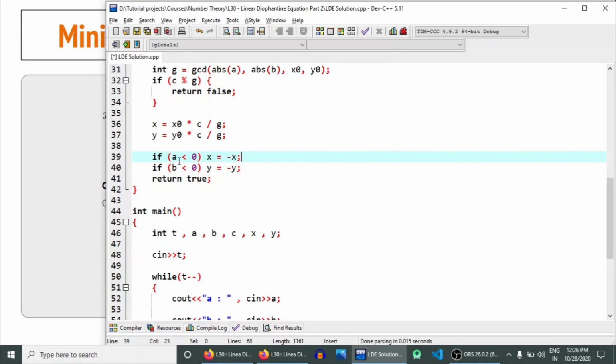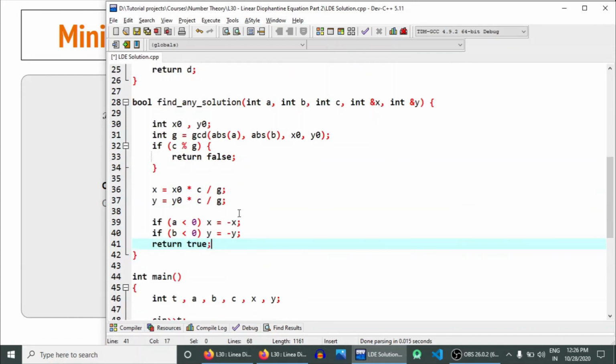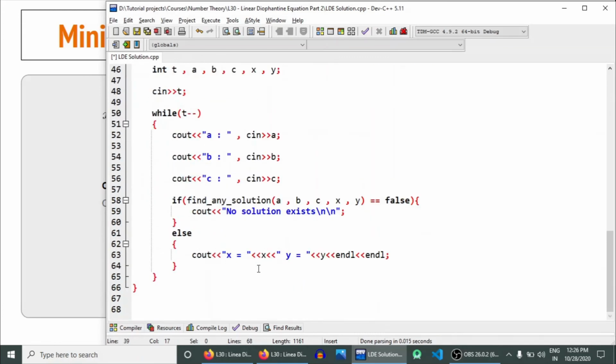Similarly for b, if b is negative, we are passing that sign to y, so that the solution is still of the form ax plus by is equal to c. It is not of the form minus ax or something like that. We pass the minus sign simply to the variables x and y and return true. So now x and y, since they were passed using reference, contain the solution, and we are printing the solutions here. Let's run this.